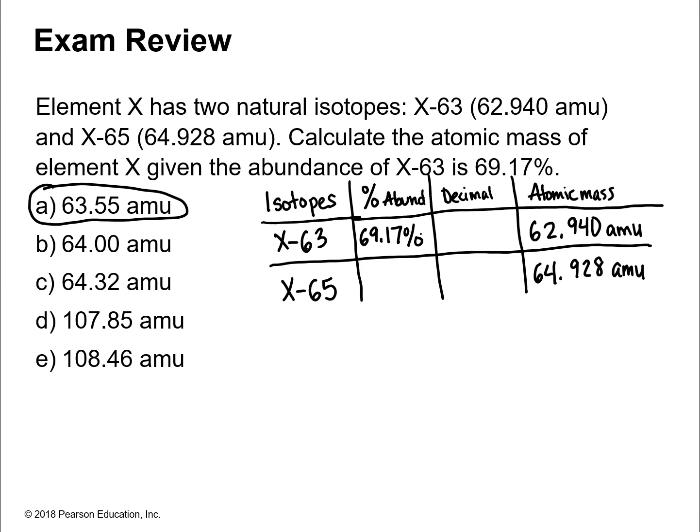How do we write that percentage as a decimal? You divide it by 100, and you get 0.6917. So when you divide by 100, that moves your decimal point over to the left by 2 spots.